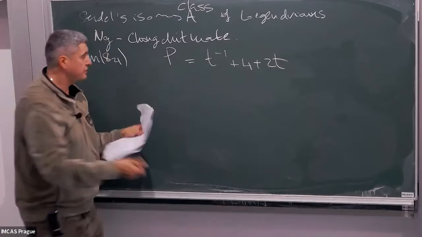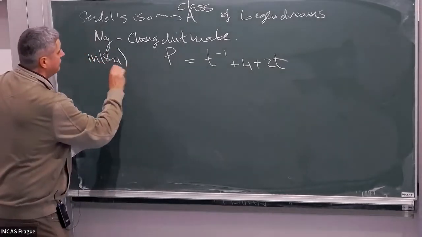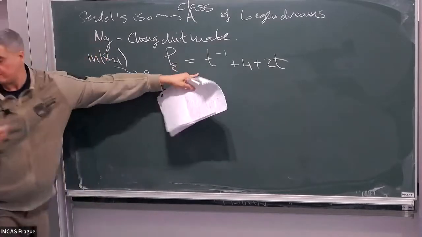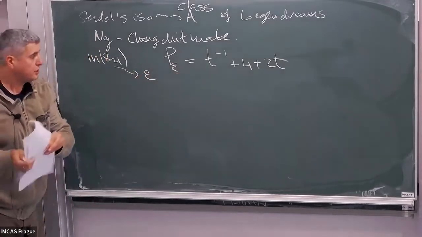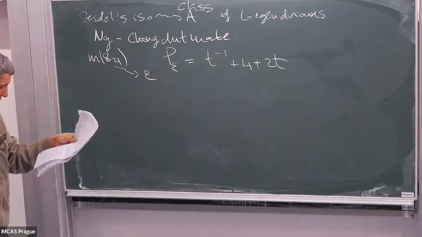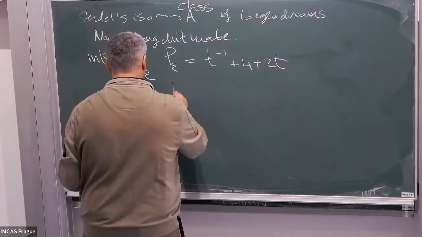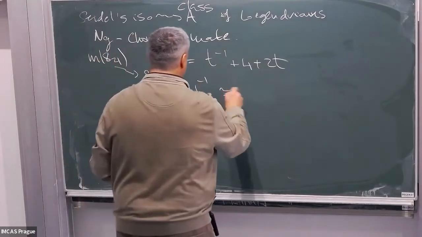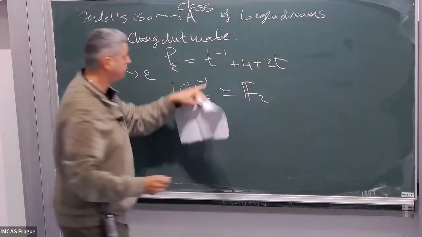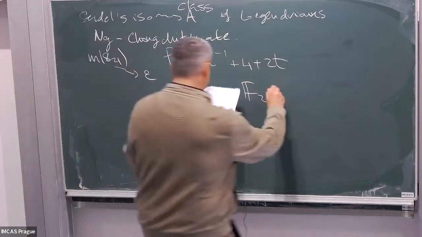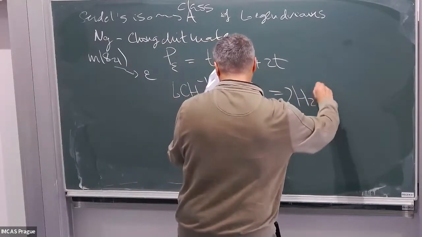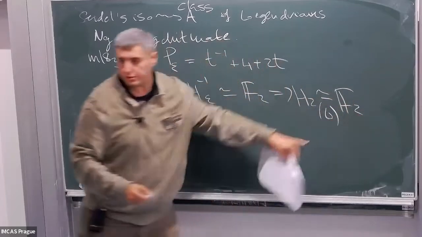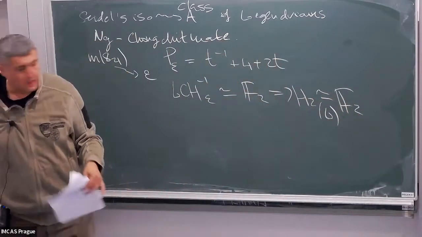So we have this Legendrian with some epsilon, and for this epsilon we have this Poincare polynomial. From Seidel's isomorphism, we can say that LCH -1 of epsilon is F2, and hence H2 of the potential Lagrangian is F2.